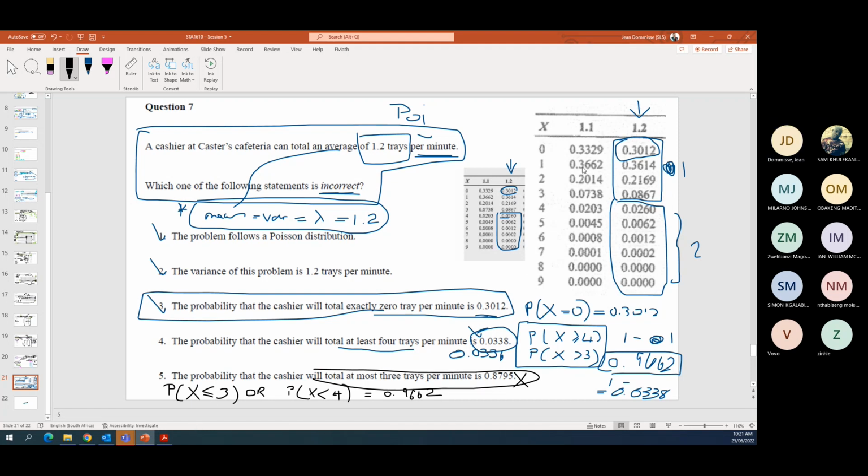So x smaller or equal to 3 or x smaller than 4 would have given us the same thing to work out, and that would have been the 0.9662 that we actually used in the first one. Yeah, so unfortunately, again, that rounding off, it should not happen. So if it happens in your assignment or in the exam, please, that is where you let me know.